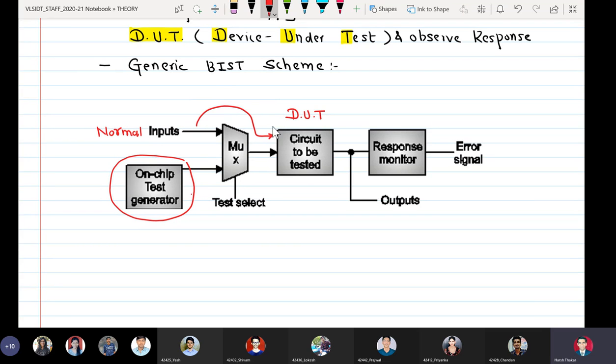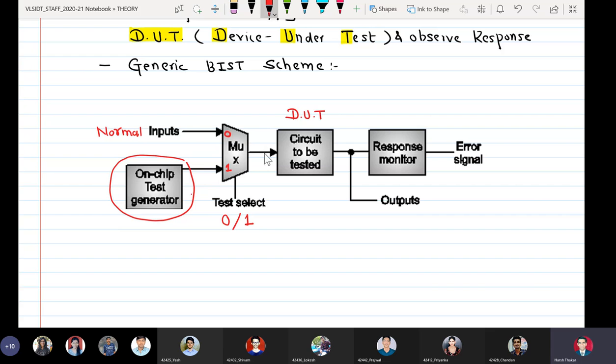But here we want to include the testing facility, so we have a 2:1 multiplexer. This is 0 and this is 1. This is our select line, which can be 0 or 1.